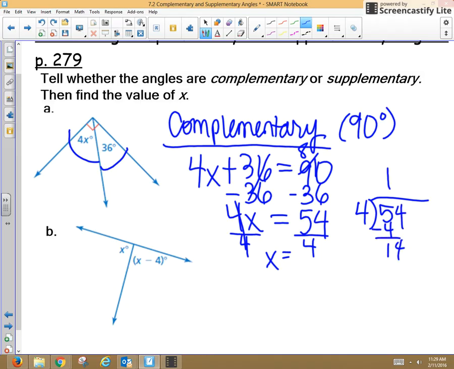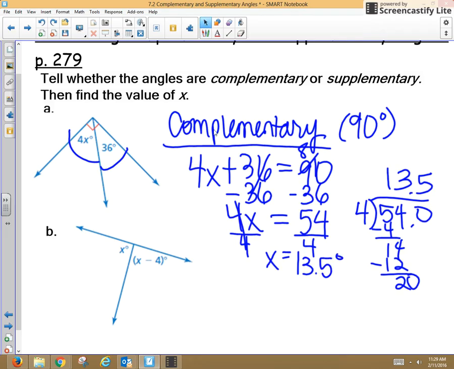Bring down the 14. 4 goes into 14 3 times, which is 12. Subtract, and you get 2 left over. I'm going to add a decimal point. Bring down a 0, and I get 13.5 degrees. So x is 13.5. If I wanted to find out the value of this angle here, I would multiply 4 times 13.5.